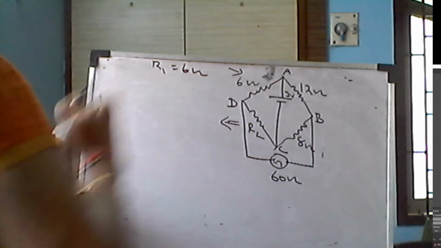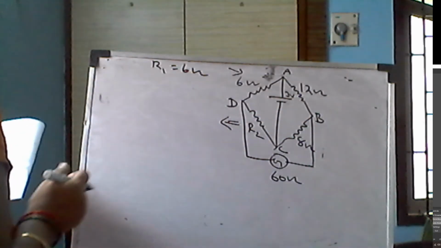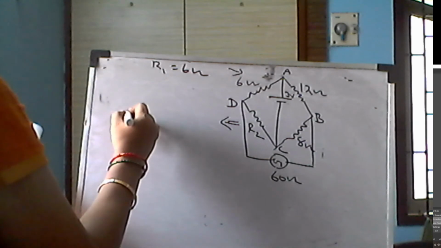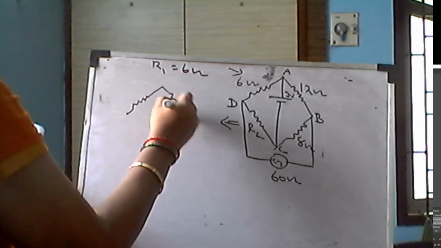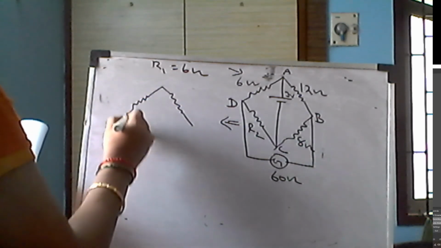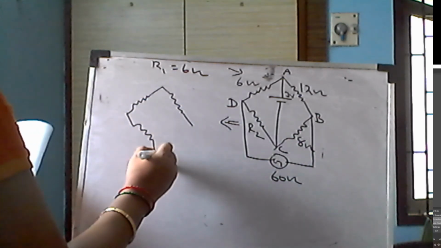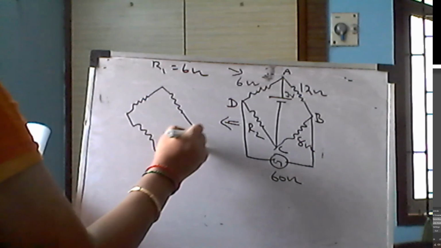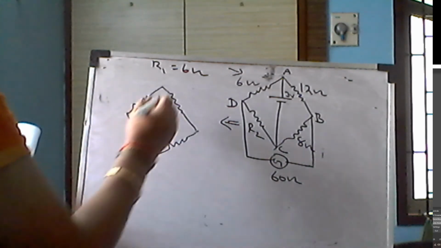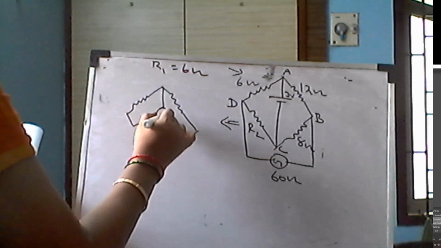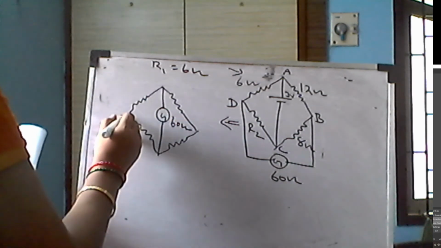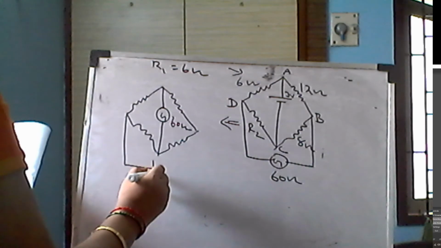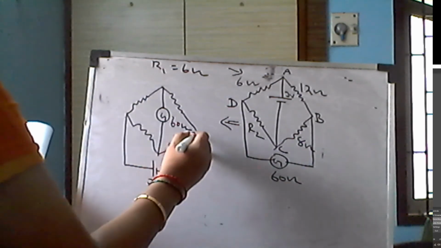One is positive of this and the other is 6 ohm. So you can draw like this. Once again, I will draw and mark the points. Here you will connect the galvanometer 60 ohm, and here you will connect the battery positive, 3 volt.